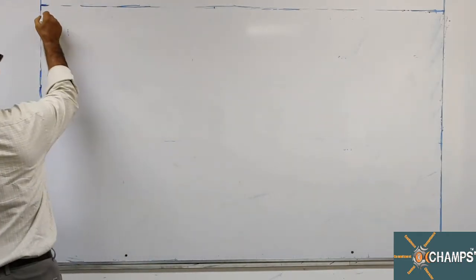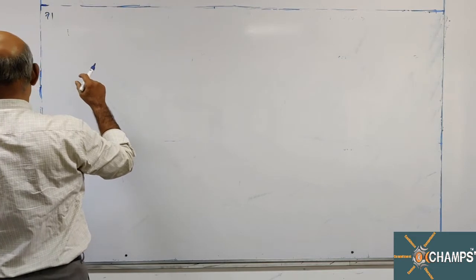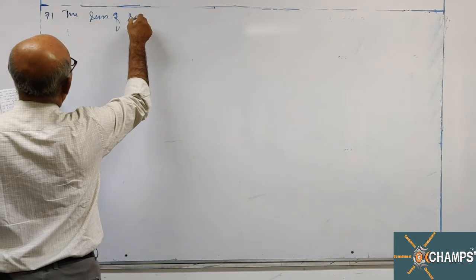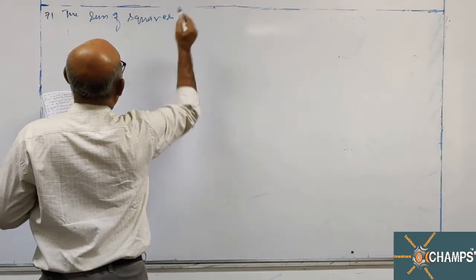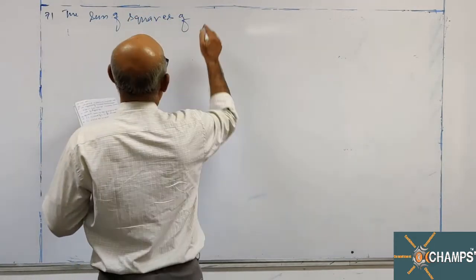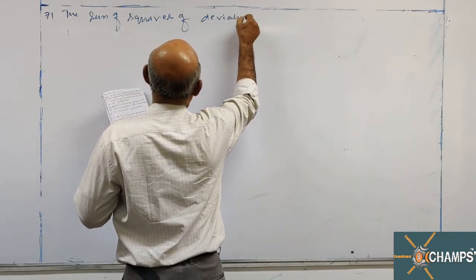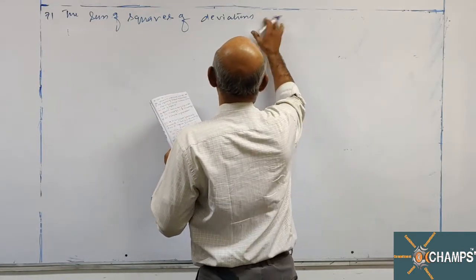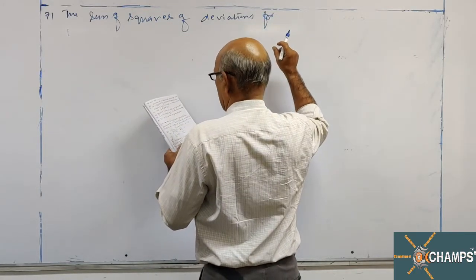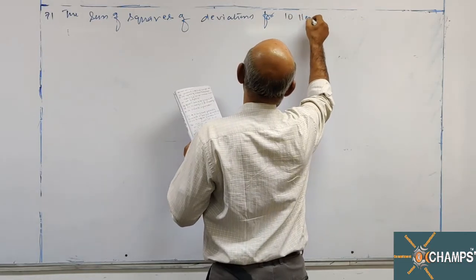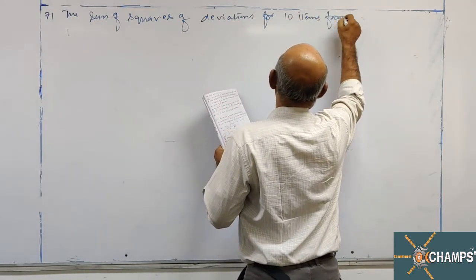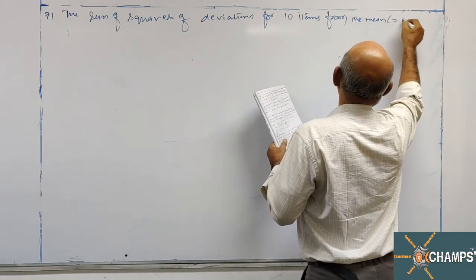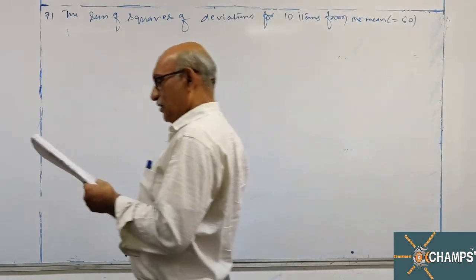Next, the sum of squares of deviations for 10 items from the mean is 250.